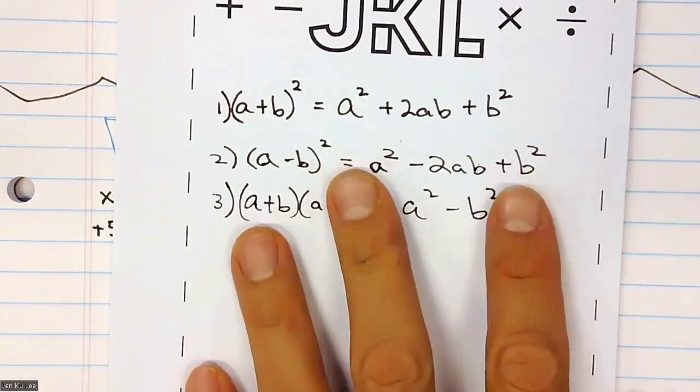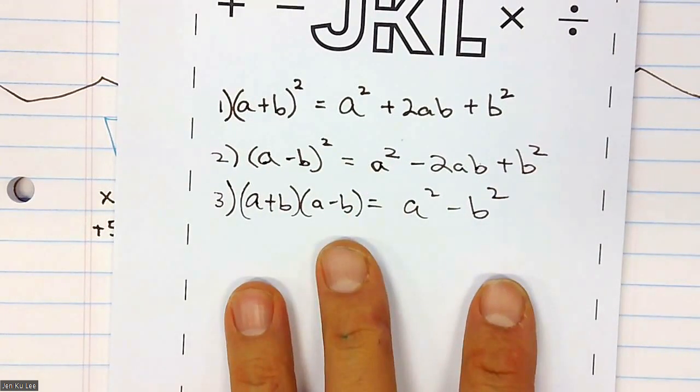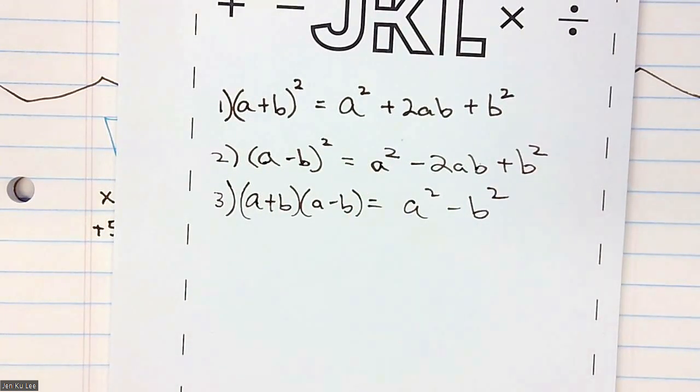You don't have to use these. This is just a guideline, another way you can think about it. Does that make sense? Know them though, because you're gonna need them later. Okay? But you don't have to use them now to multiply. Cool?